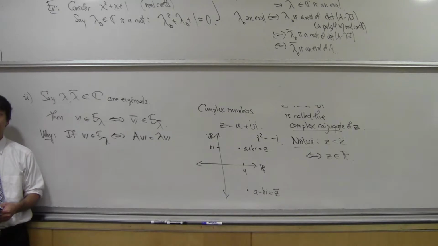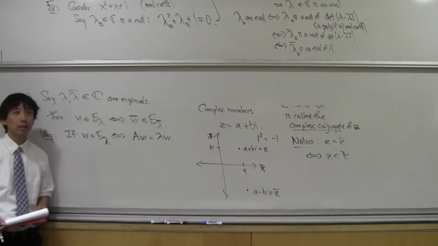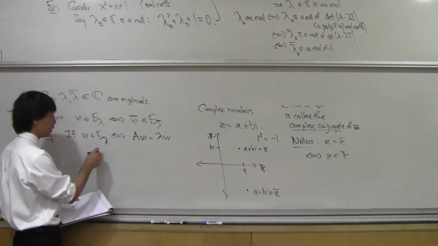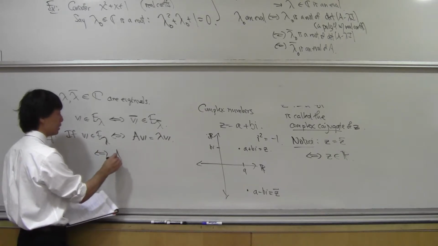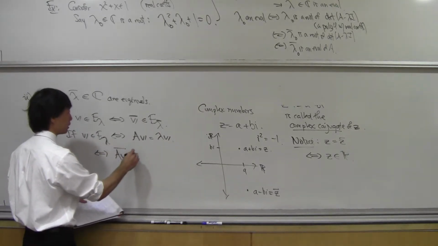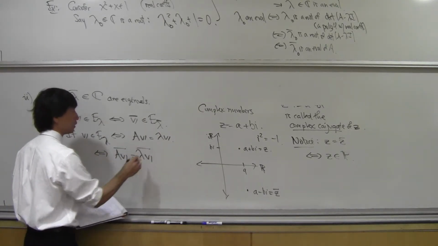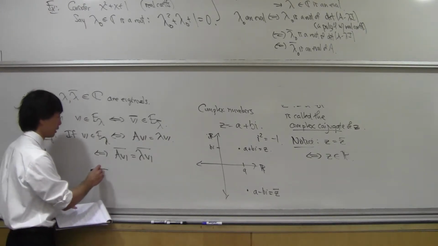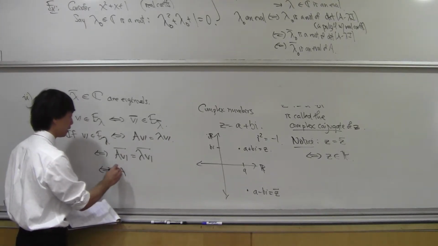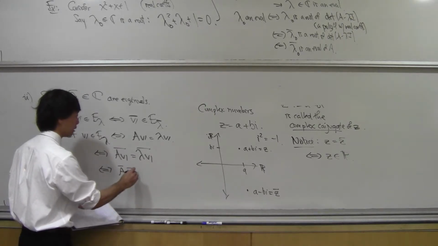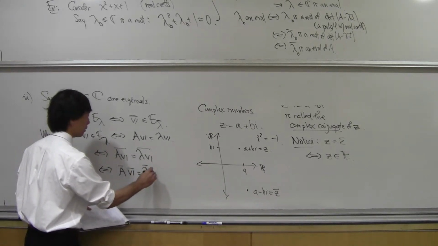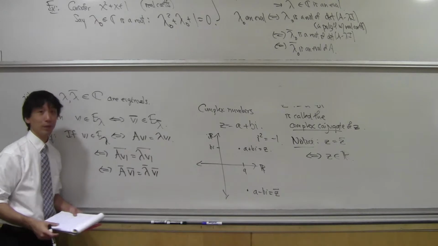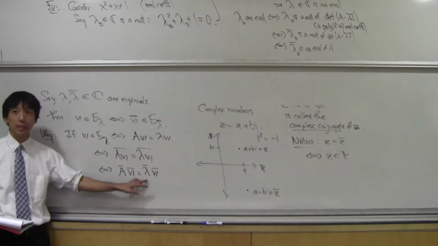But then you take complex conjugates of both sides, and you get, using the rules of complex conjugation, that you can break it down like this.